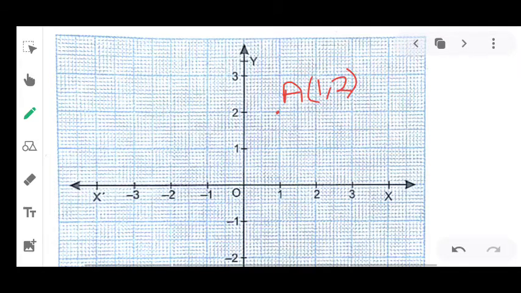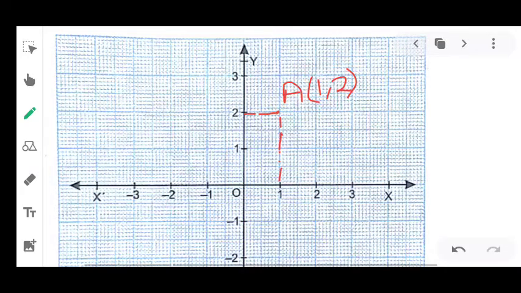So if you want to find out the coordinates of a point, first draw a perpendicular line to the x-axis, and then draw a perpendicular line to the y-axis.